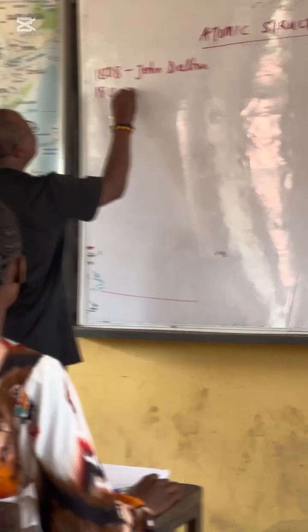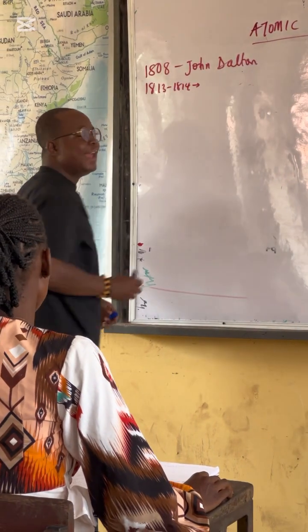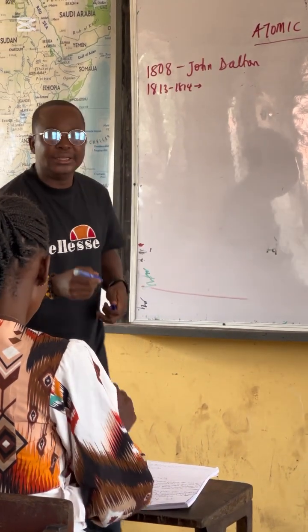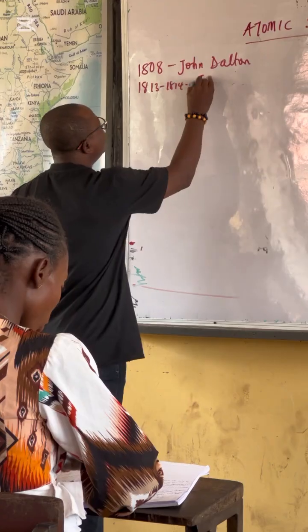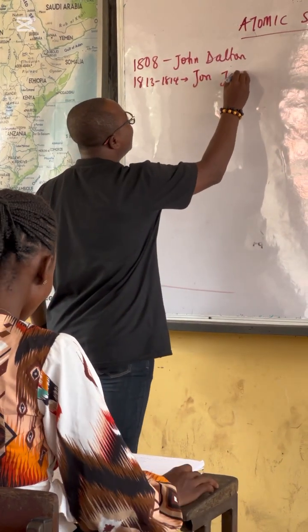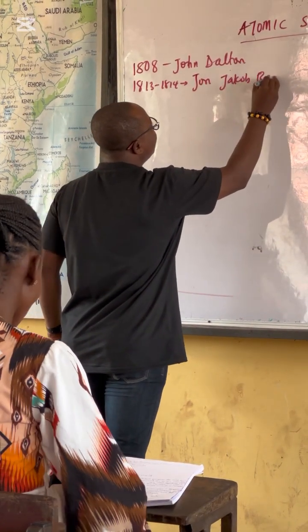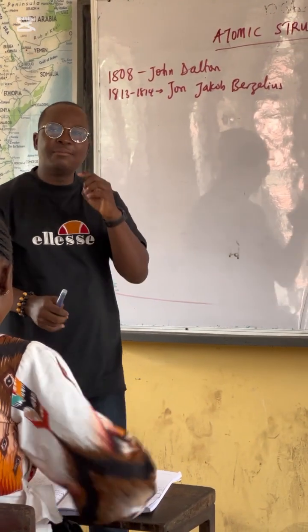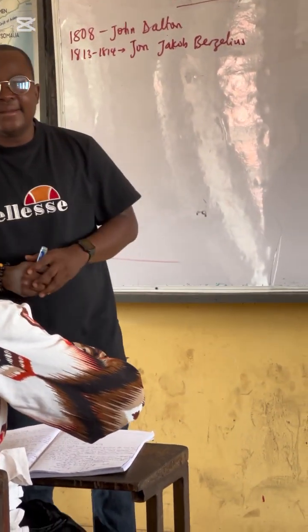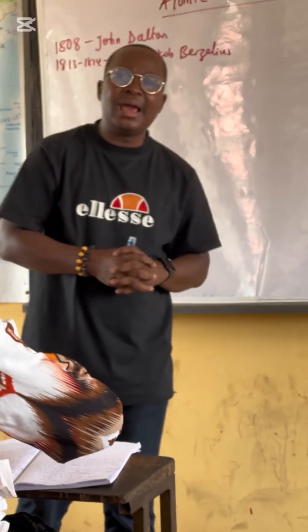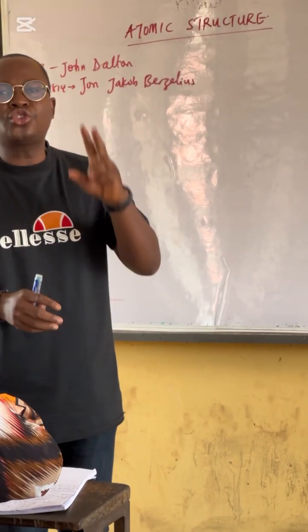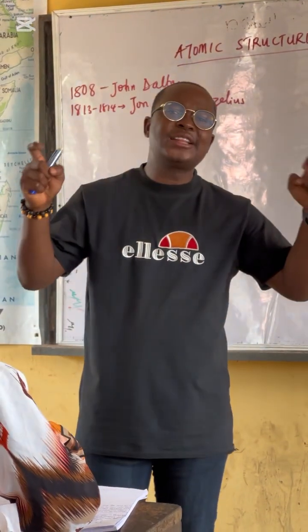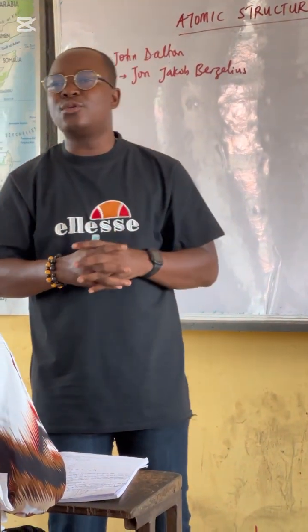However, in 1813 to 1814, a scientist called John Jacob Berzelius gave the symbol of element within a year. And when he gave the symbol of element, he proposed that no 2 elements of different atoms can have the same chemical symbol.